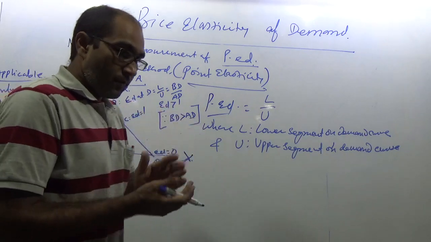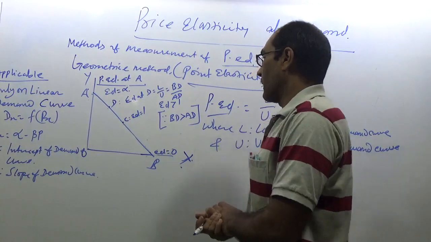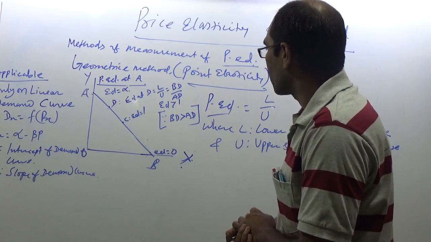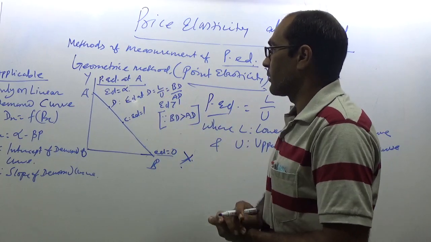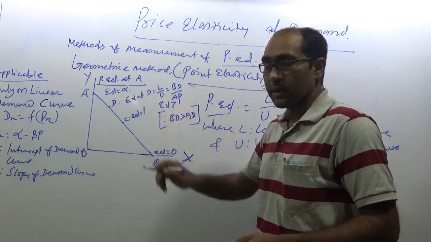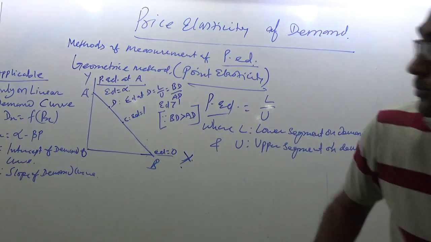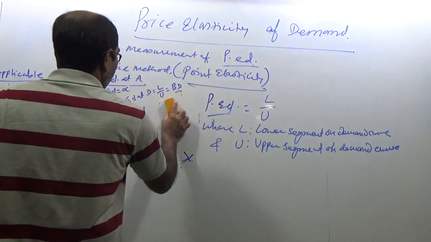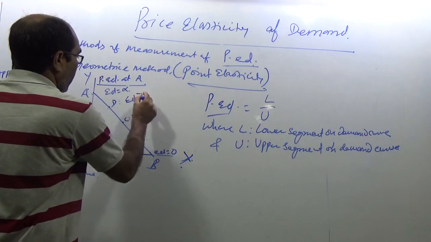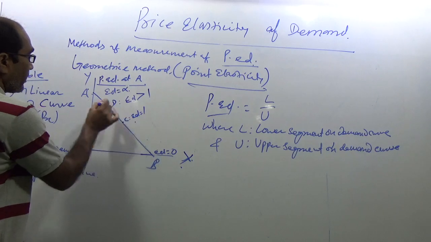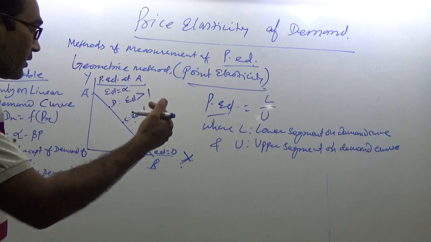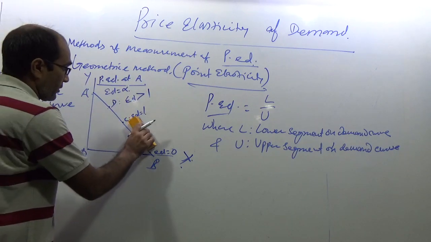सो लोअर सेगमेंट डिवाइडेड बाय अपर सेगमेंट में, लोअर सेगमेंट डिवाइडेड बाय अपर. Here the value of lower is greater, so ED must be greater than 1. So put the value of ED here. ED must be greater than 1, means in between 1 to infinite, more than 1 but less than infinite.